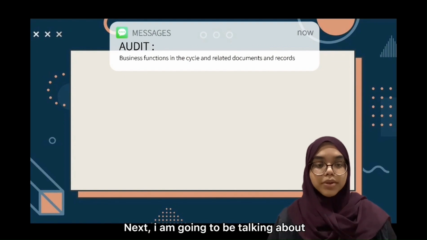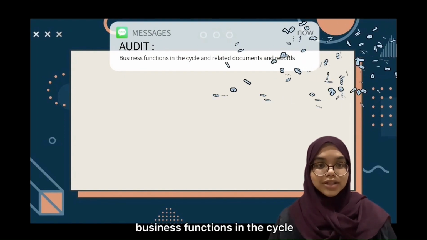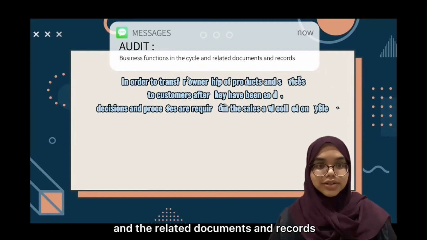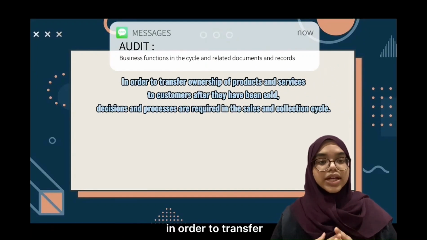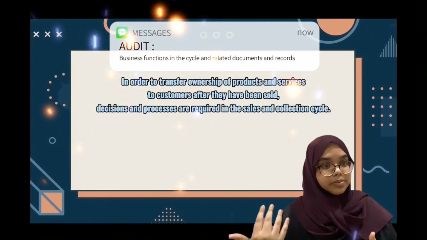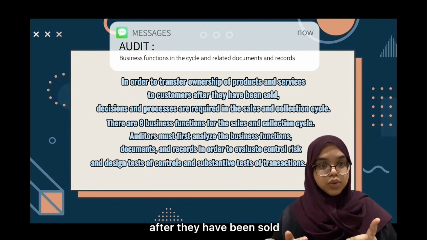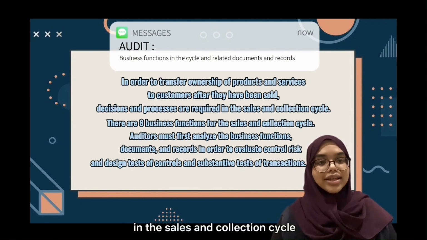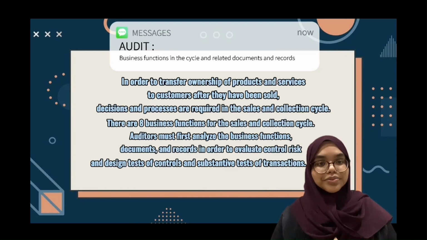Next, I am going to be talking about business functions in the cycle and the related documents and records. In order to transfer the ownership of the products and services to the customer after they have been sold, decisions and processes are required in the sales and collection cycle.